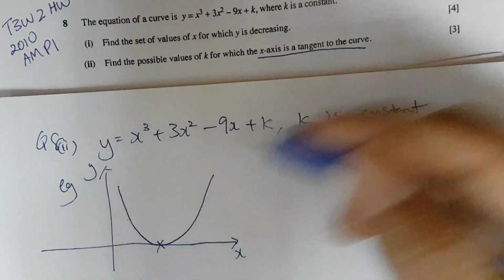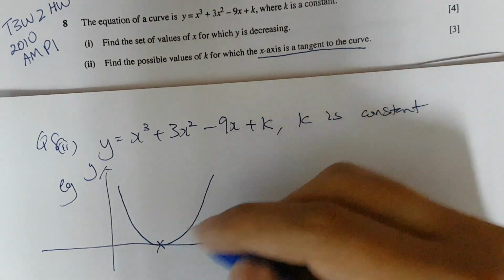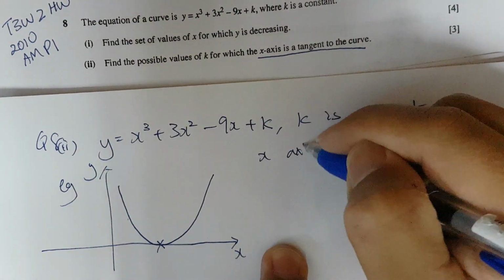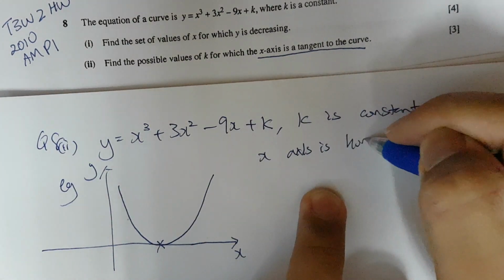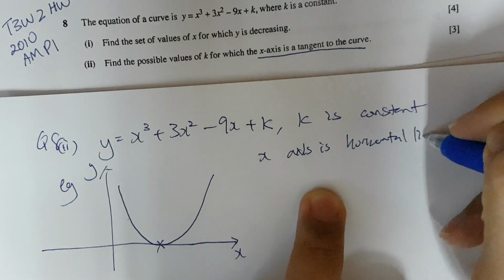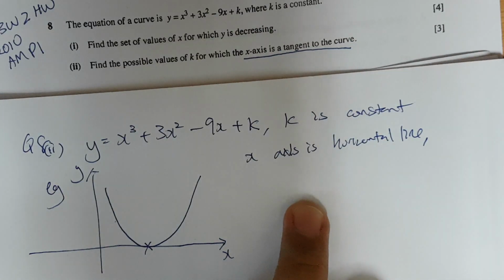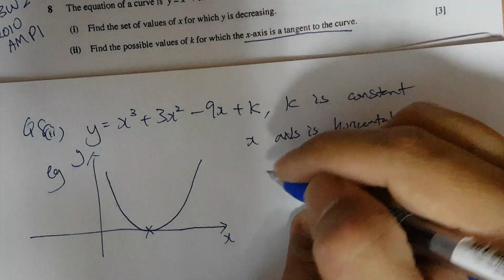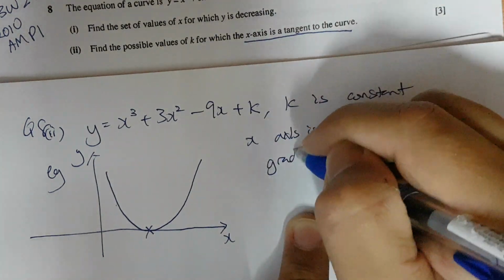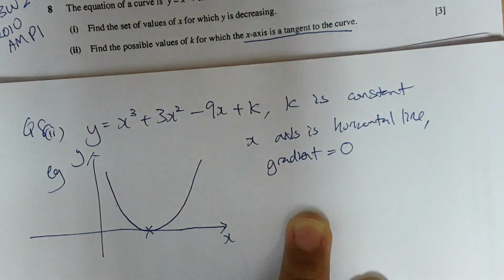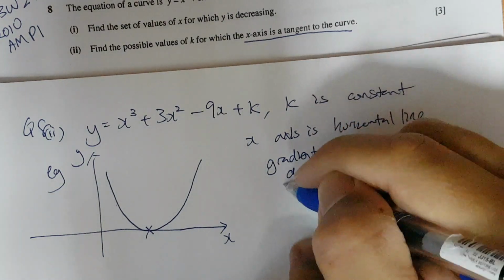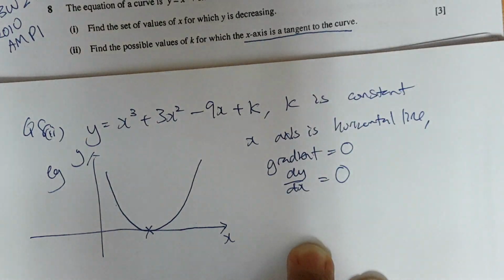The x-axis is a horizontal line, so it means that the gradient is equal to 0. That means dy/dx equals 0.